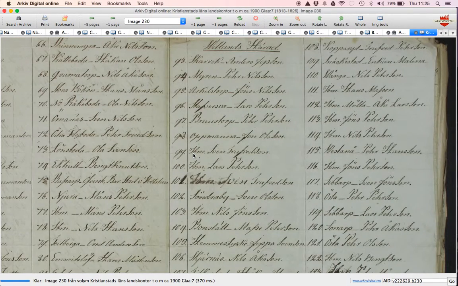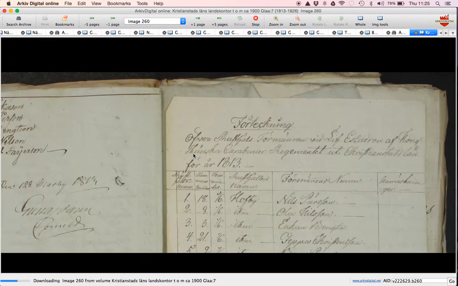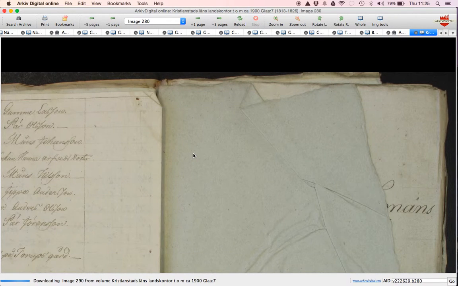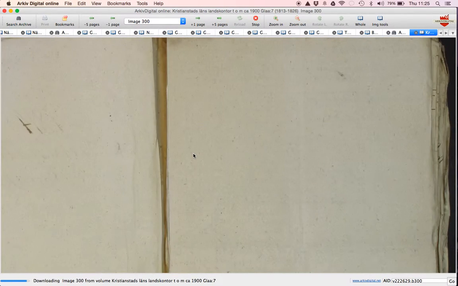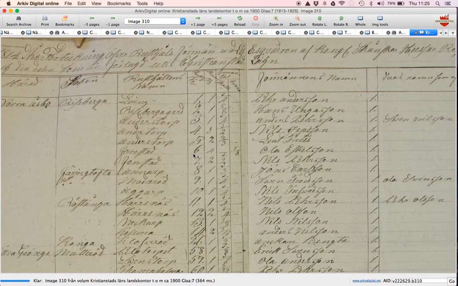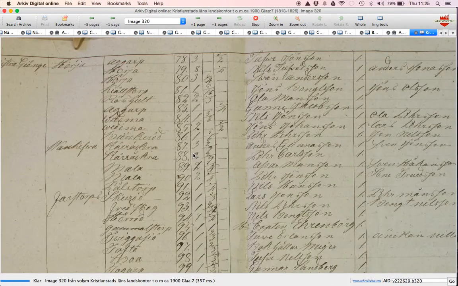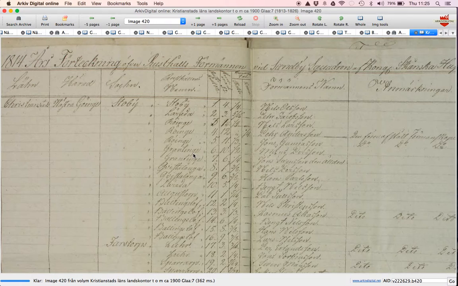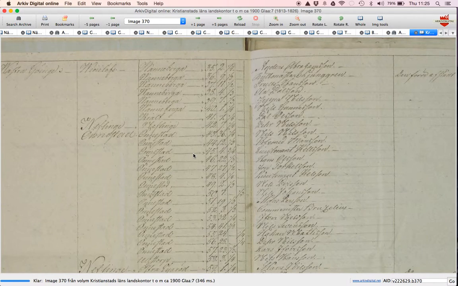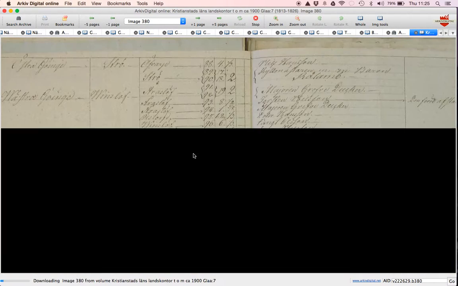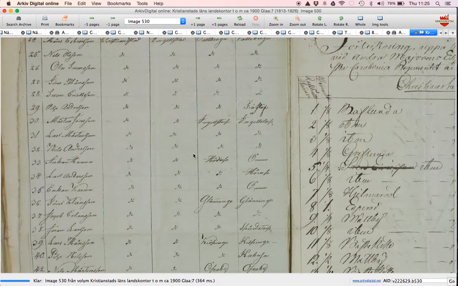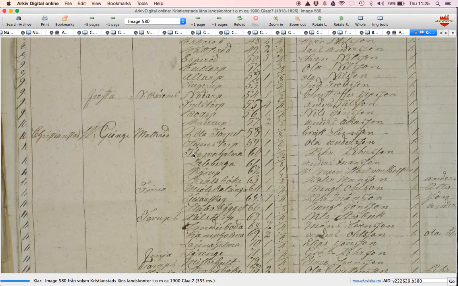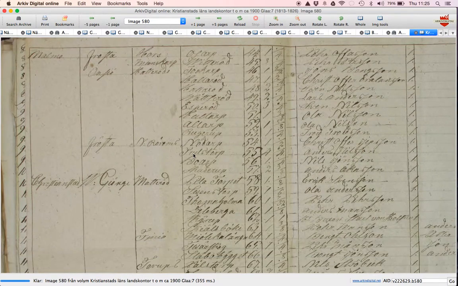But this looks to be, in the beginning at least, maybe soldier crafts. Here is what they earned, the money they got. And also when they get older, they get some pension, I think you call it in English, from Vadstena if they have been serving for more than 20 years.